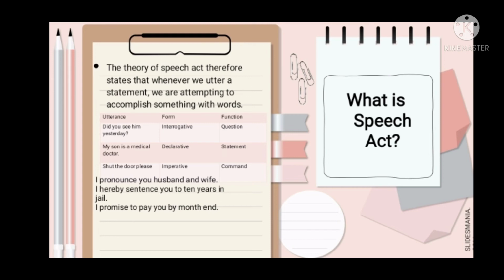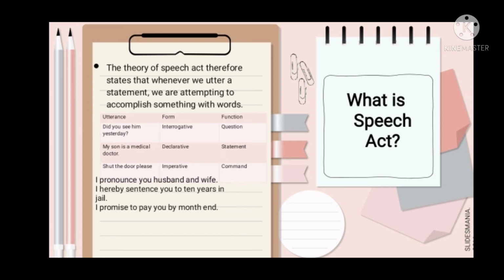The form of this sentence is interrogative, and the function of this sentence is to question or ask something about the listener. Another example is, my son is a medical doctor.